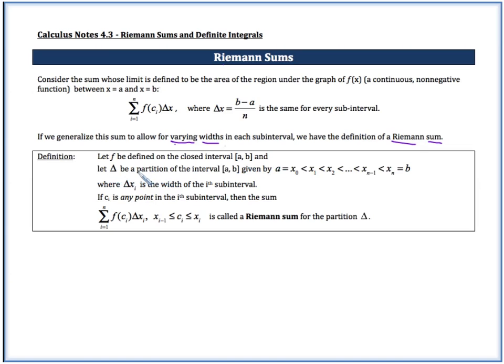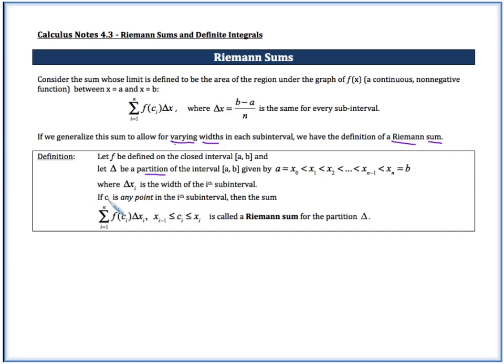It says let f be defined on the closed interval a to b, and let delta be a partition of the interval a to b, given by a equals x sub 0 is less than x sub 1 is less than x sub 2, and so on, all the way up to x sub n, which has to be b, where delta x sub i is the width of the ith subinterval.